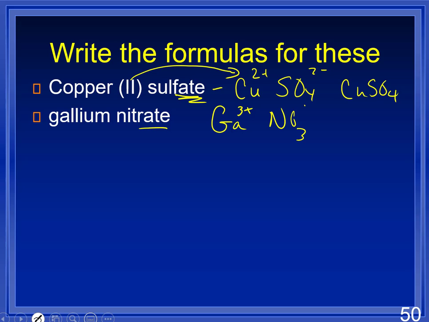NO3 with a 1 minus charge. Does that add up to 0? No. So I'm going to put the 1 next to Ga. I'm too lazy to write 1s. And I'm going to have to put a 3 next to NO3. And to put a 3 next to NO3, I need a 3 outside the parentheses.